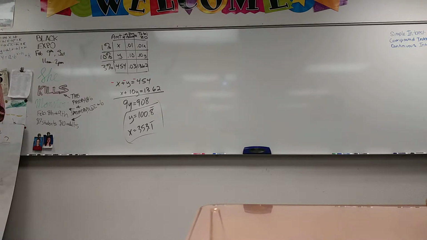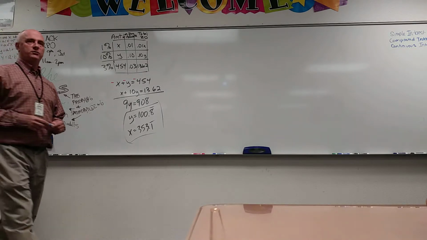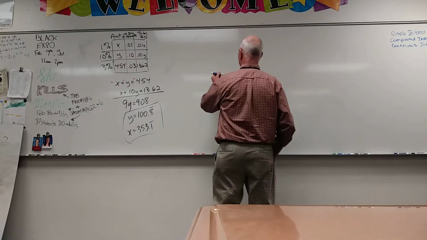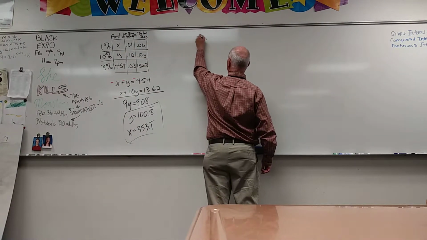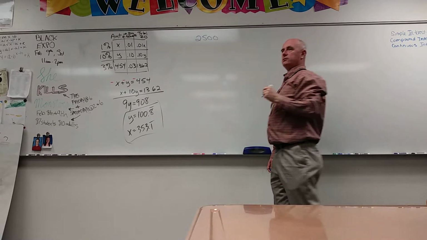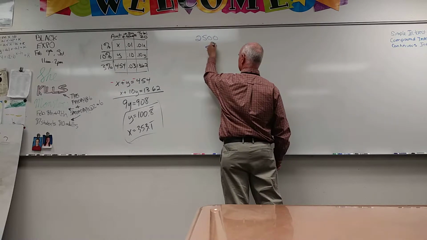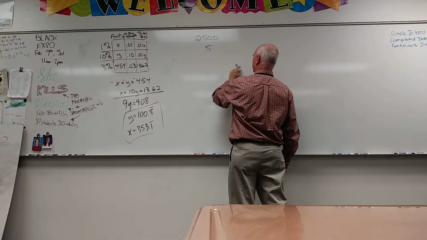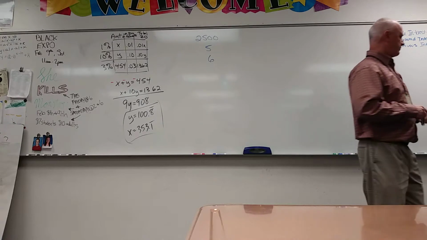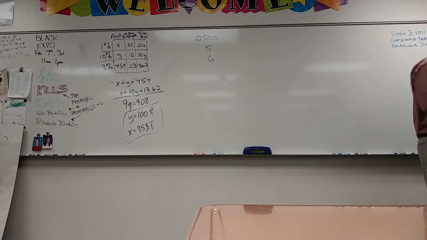Story time. So, let's say that we are flying from here to Boston. The distance from here to Boston is about 2,500 miles. To fly from here to Boston takes 5 hours. To fly back from Boston takes 6 hours. Why would that be, by the way? Wind currents.